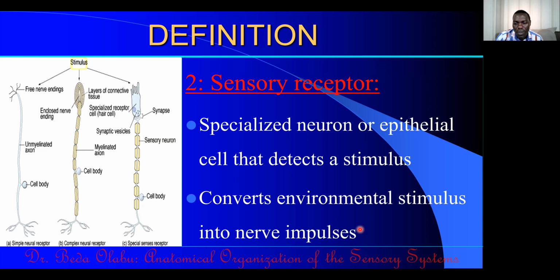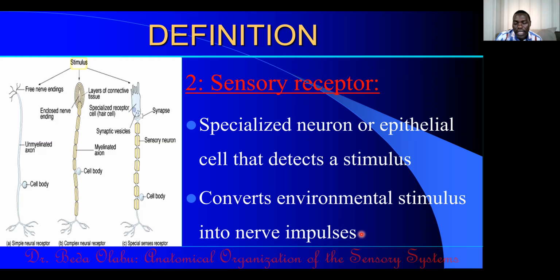That's very critical. A sensory receptor must be able to convert whatever form of environmental energy into action potentials. So that if something cannot convert an environmental energy into action potential, then it is not a sensory receptor.